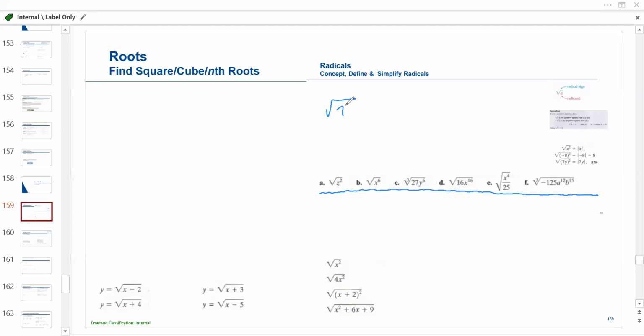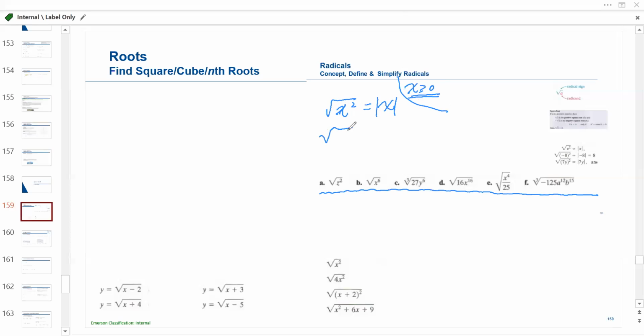Most of the time we say the square root of x squared equals x. We already say x is greater than or equal to 0, right? But if that is not mentioned, let's say x can be any number, you need to add an absolute value here.